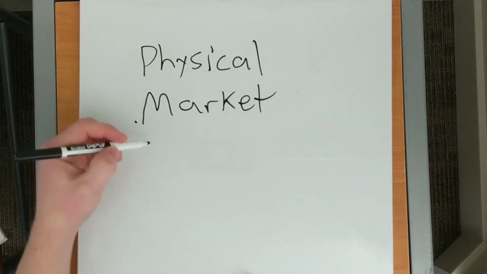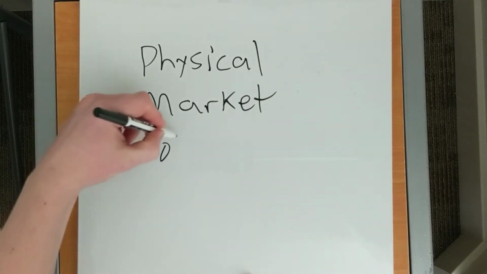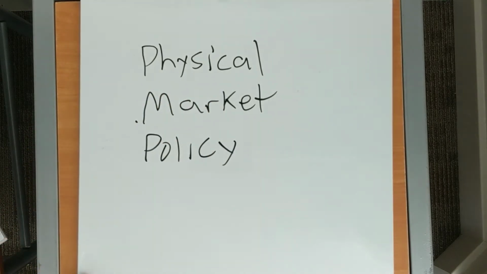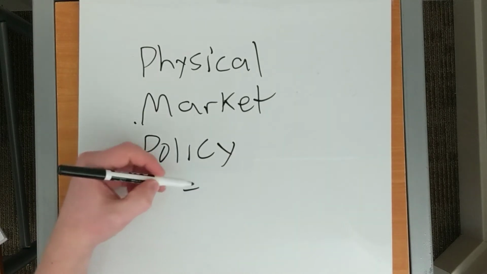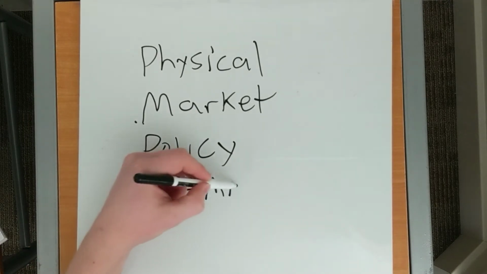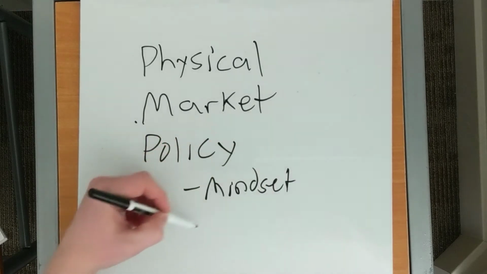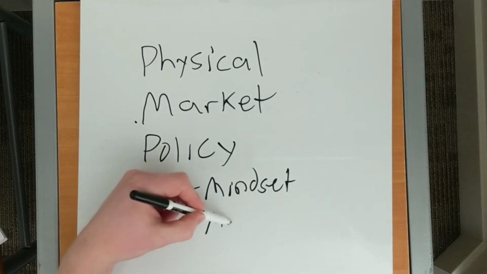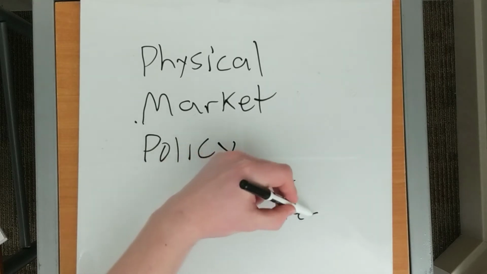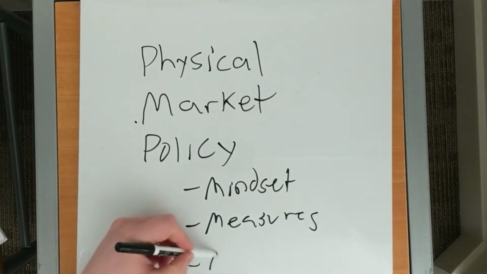The third category would be policy. And there are actually three different types of policy constraints that you might face: mindset, measures, or methods.